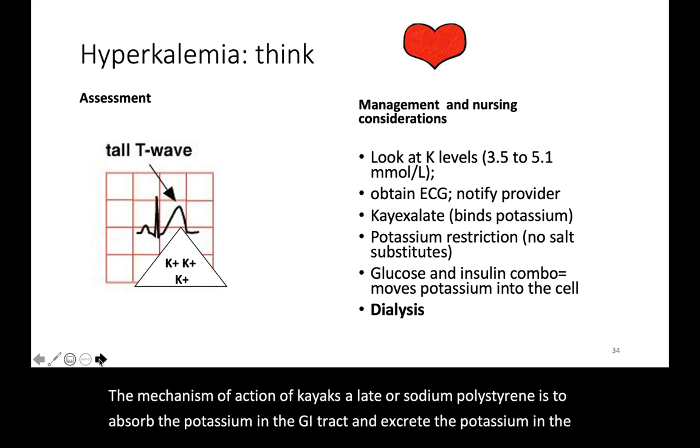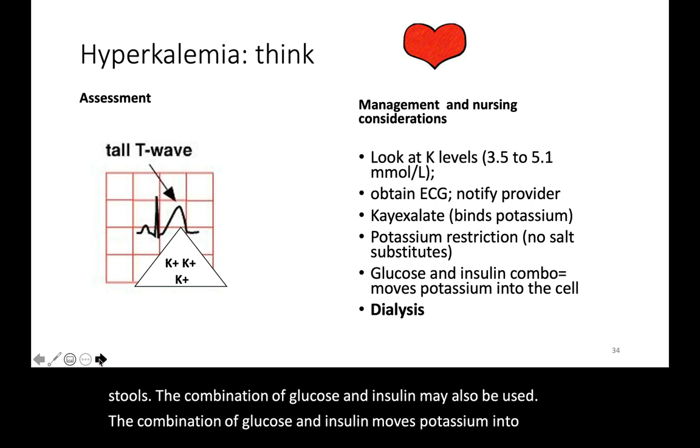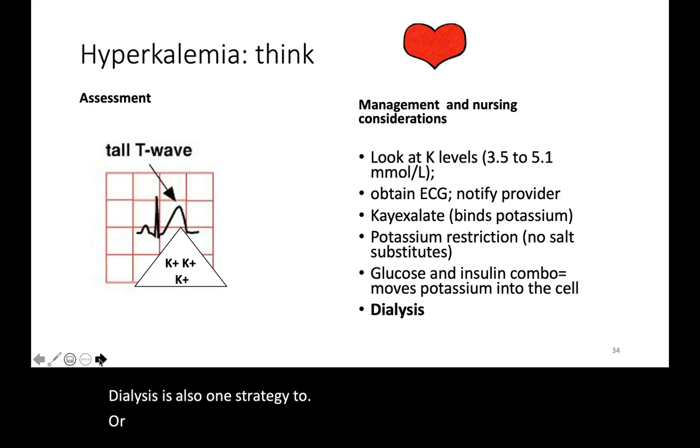The combination of glucose and insulin may also be used. The combination of glucose and insulin moves potassium into the cell. Dialysis is also one strategy to treat or manage hyperkalemia.